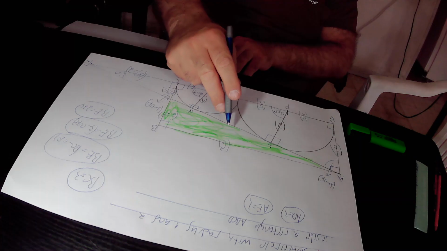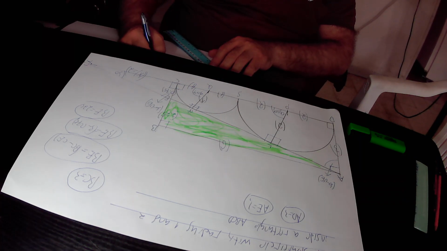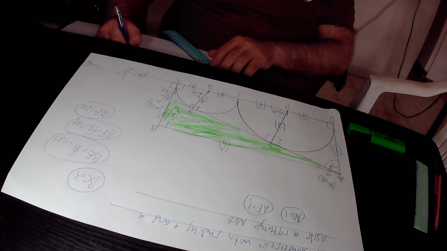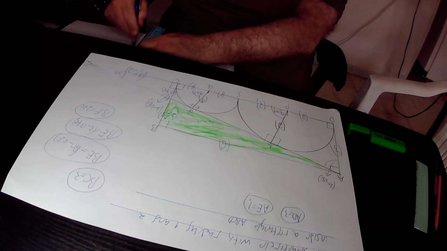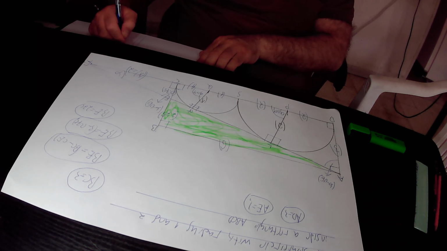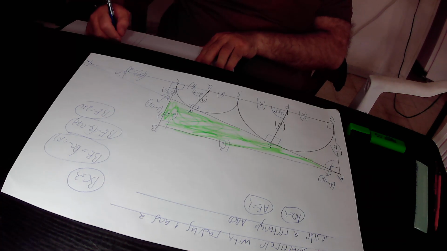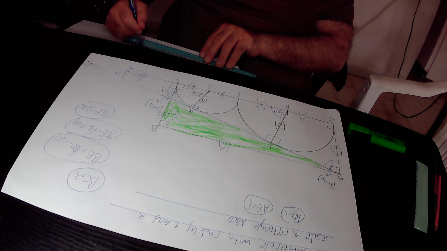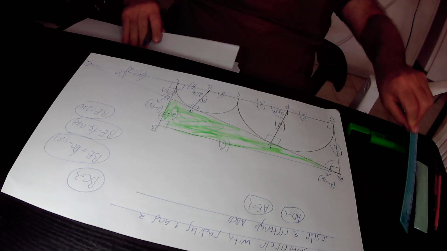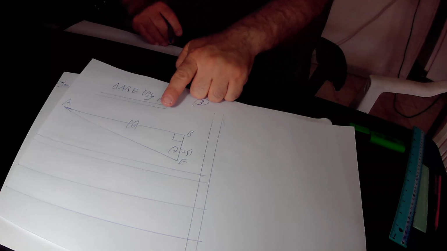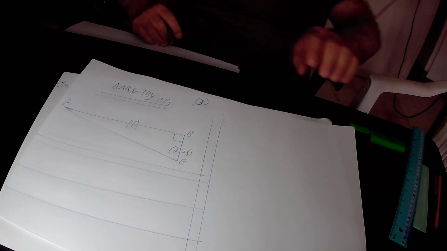Side AB equals 6 units in its length, and side BE equals 2.25 units in its length. So actually, this is the right green triangle, triangle ABE, taken from the original drawing.